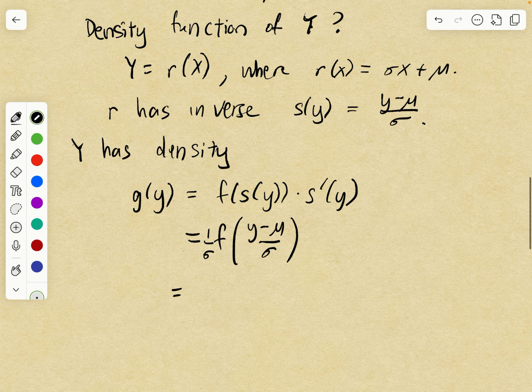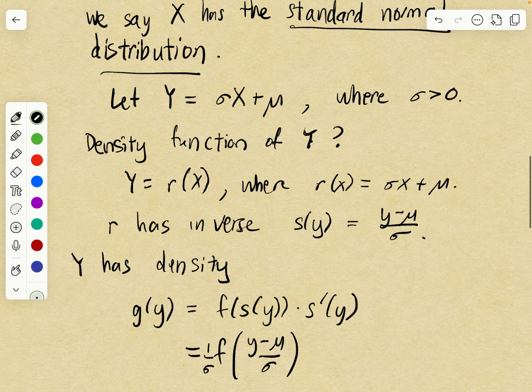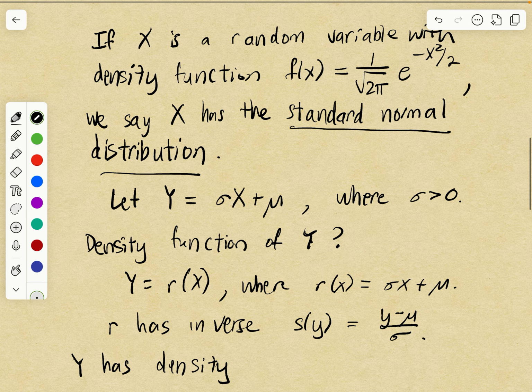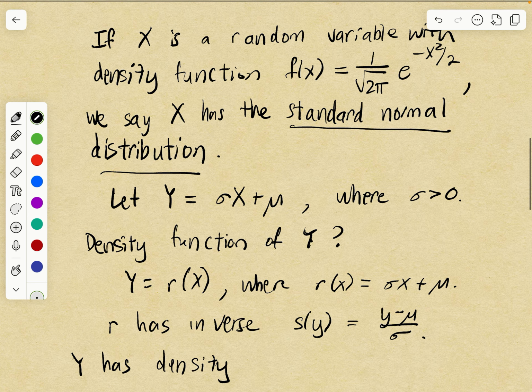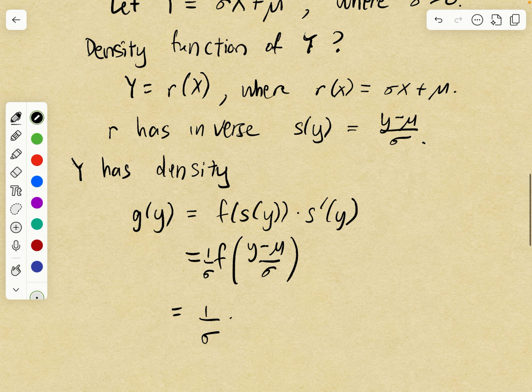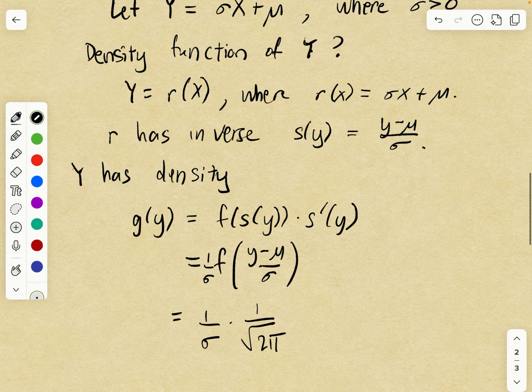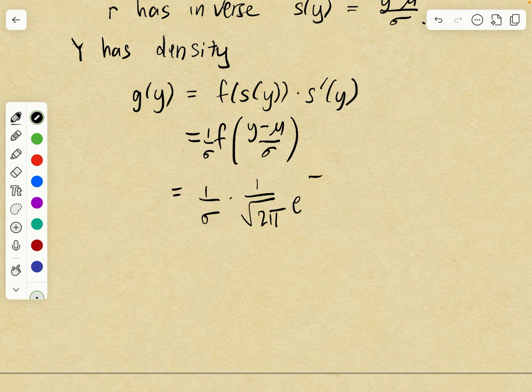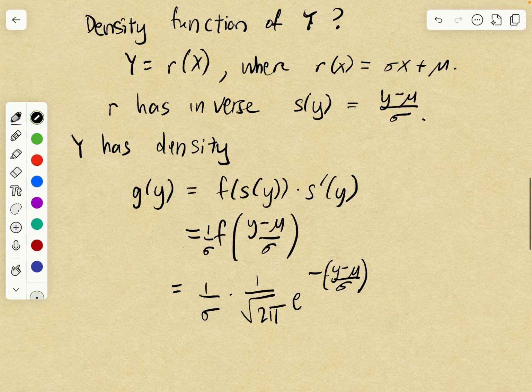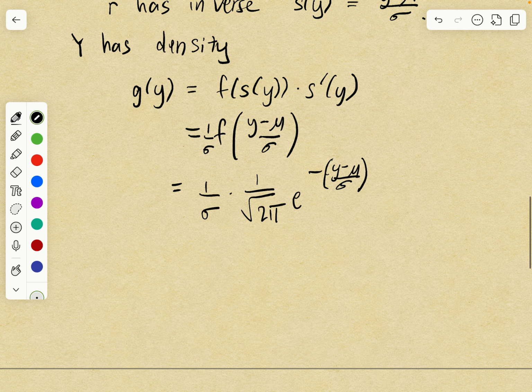And so this is equal to 1 over sigma times, now we plug in y minus mu over sigma into the function f. So we get 1 over square root of 2 pi times e to the minus y minus mu over sigma squared over 2.